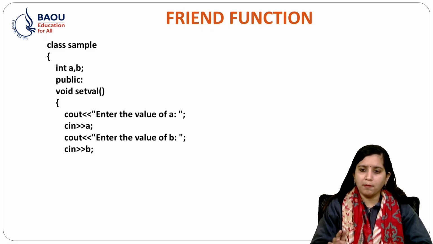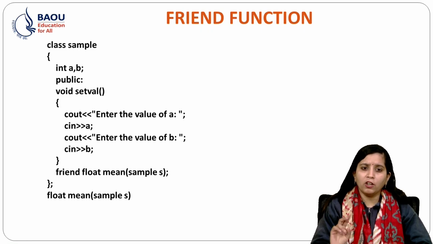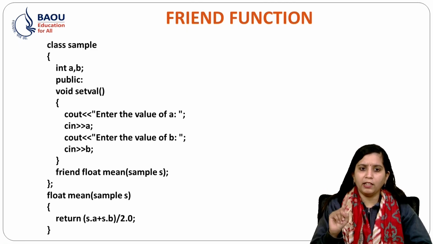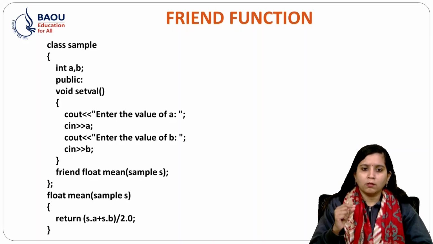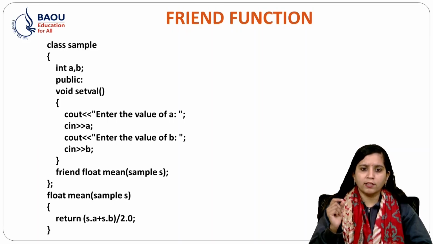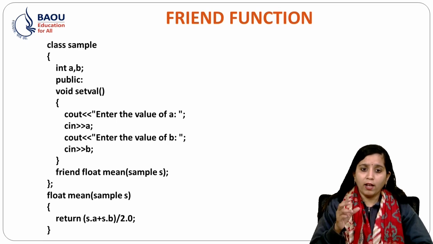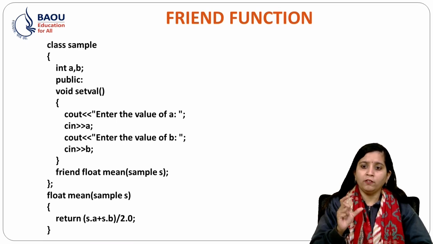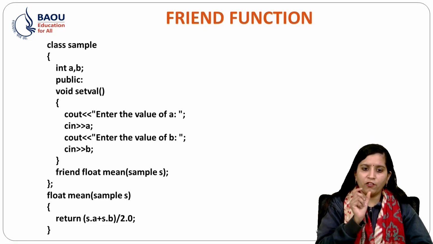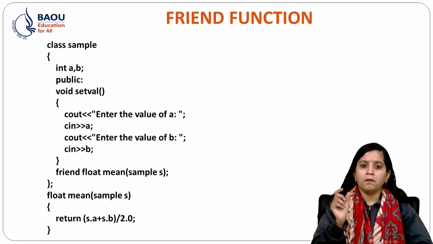Now let's see an example of a friend function. I have taken two data members, int a and int b, and I have one member function, that is void set value. cout enter value of a, cin a, and cout enter the value of b, cin b. So over here I am taking the input from the user, and now I have taken one friend function, that is keyword friend, float mean.